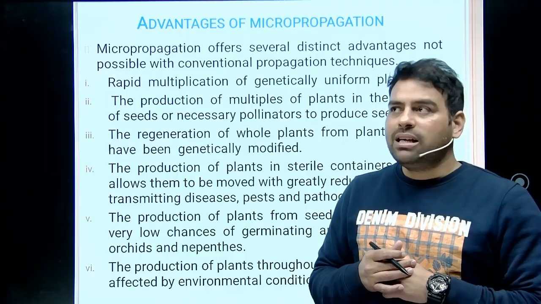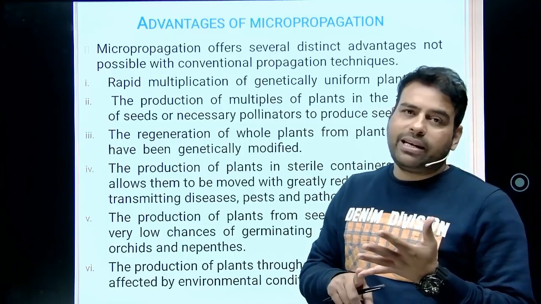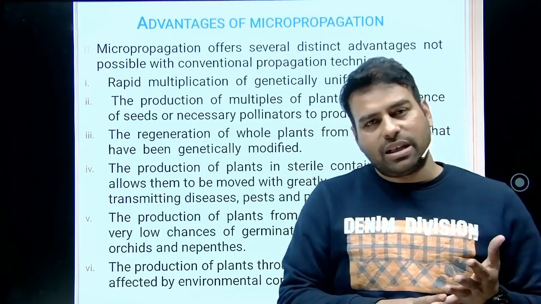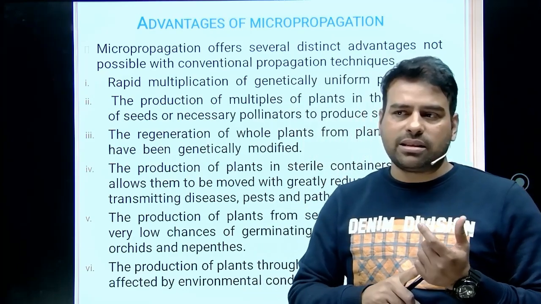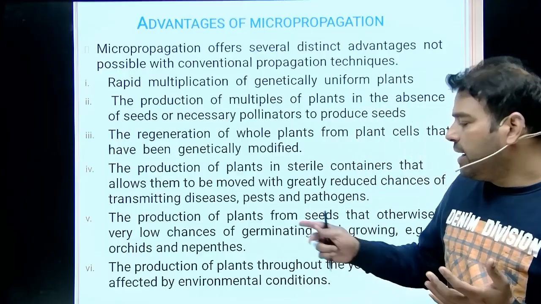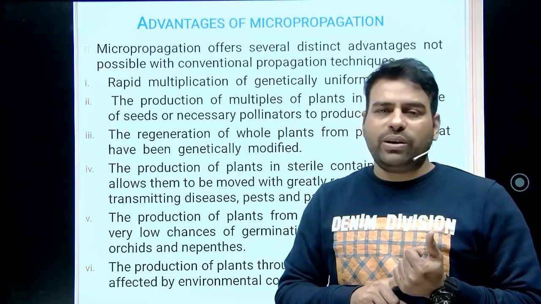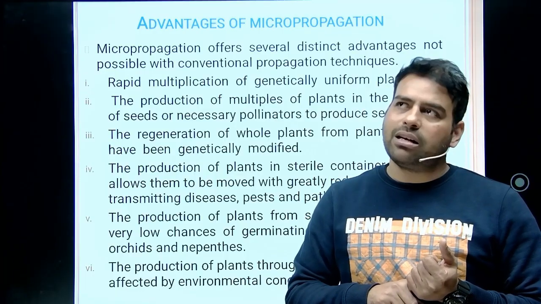Year around means we are using aseptic, controlled conditions. We are managing the humidity, the temperature, and the sunlight. That's why we can grow plants year around, 12 months. In traditional agriculture, we are just dependent on environmental conditions.